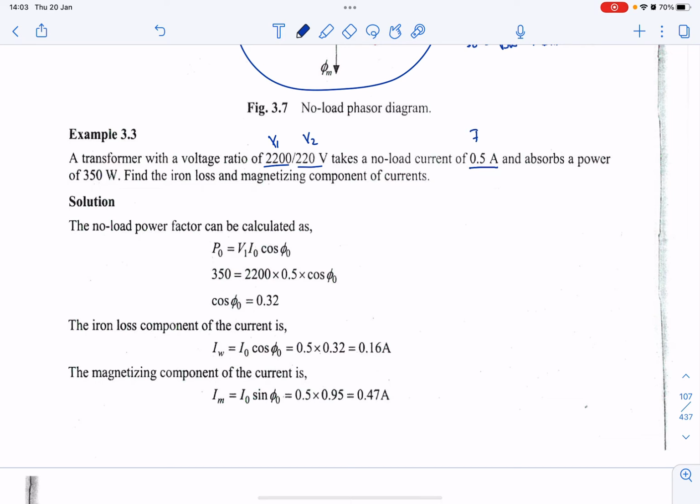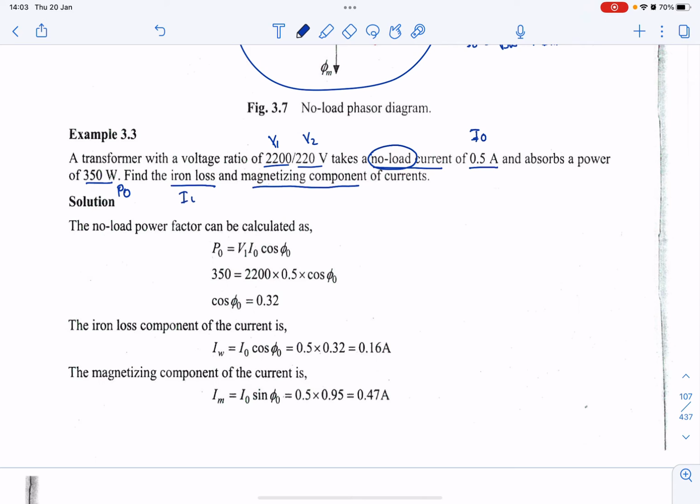So we can label this one I0, since it is called the no load current, and absorbs a power of 350. So that is a clue already, it is a no load current. So basically you should have a no load power. Then the question here, you need to calculate the iron loss and magnetizing component of currents.